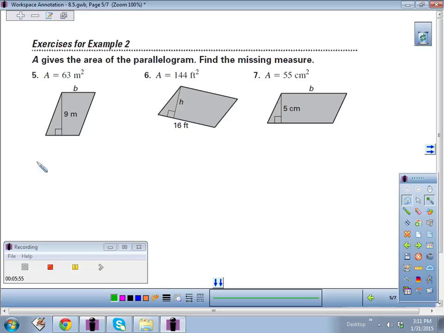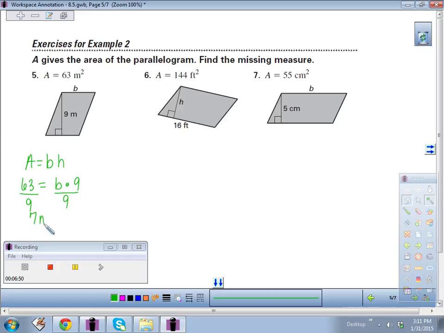Alright, so for number 5, if the area of a parallelogram is base times height, we are going to substitute 63 in for A, the area. Base, we do not know. Height is 9. And we'll divide each side by 9 to get the base. And so for number 5, the answer would be 7.